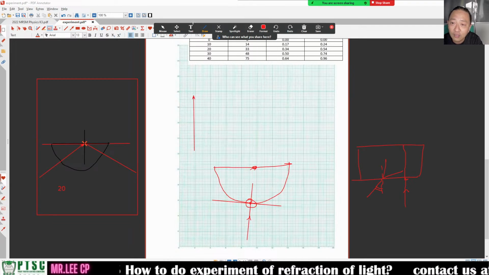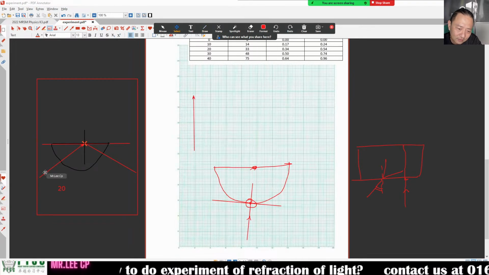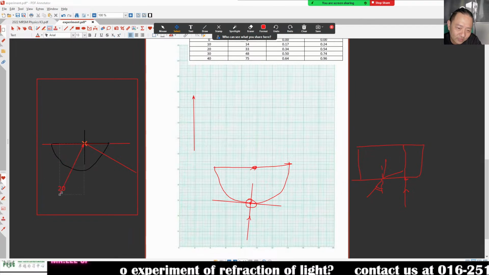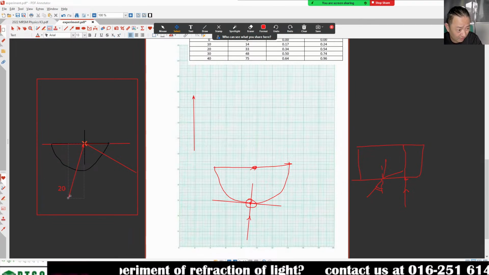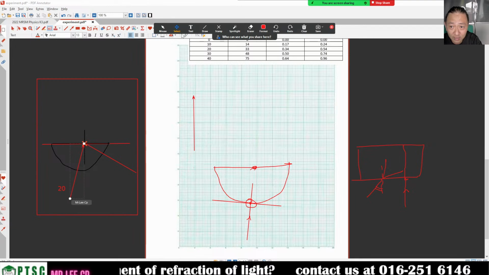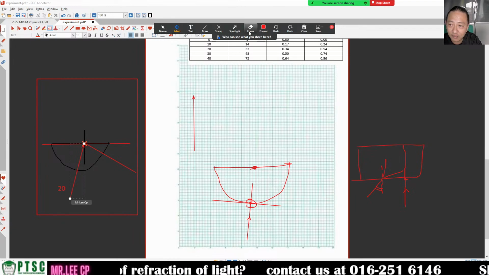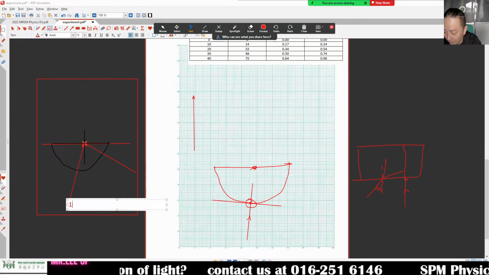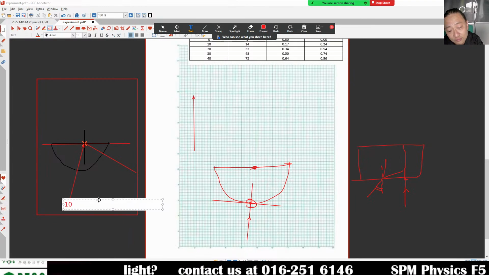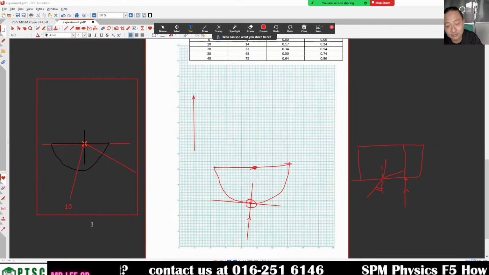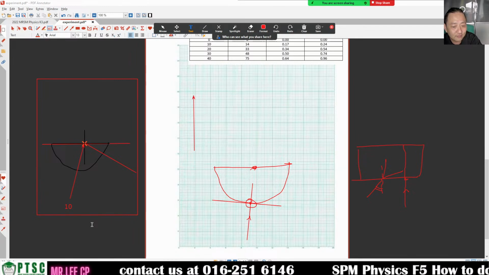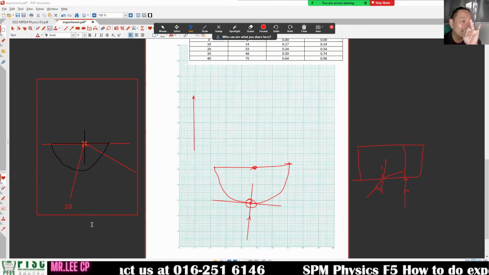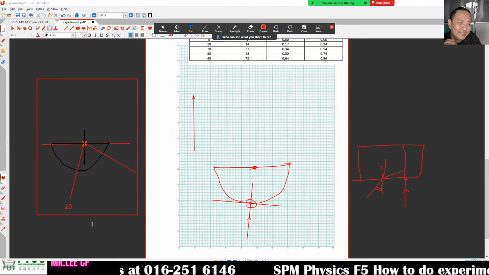Then, teacher, we start with 10, no? 10, okay. Alright, if you start with 10, never mind. Let's say we go for 10. Then for the second value, what do you want to put? 10, 20, 30, 40, 50 is still more than the critical angle.